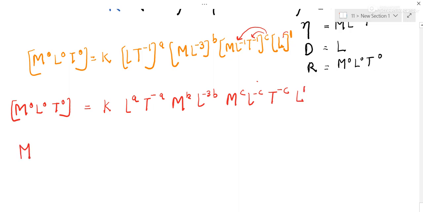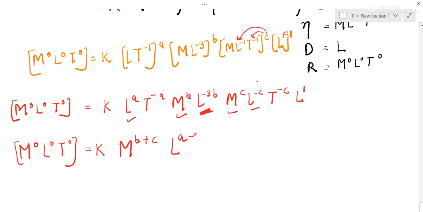Let us add up all the powers of same quantities. So let us check M. It is B plus C. Let us check L now. So L would be A minus 3B minus C, and 1 is also there. Please don't forget this one.